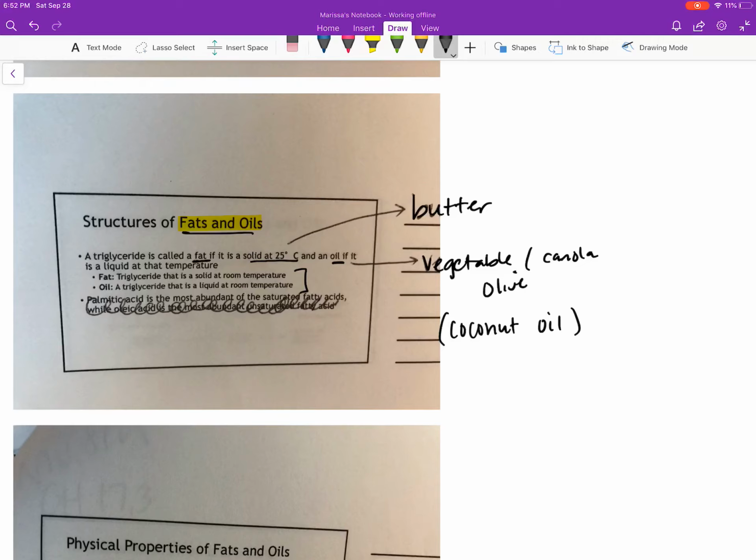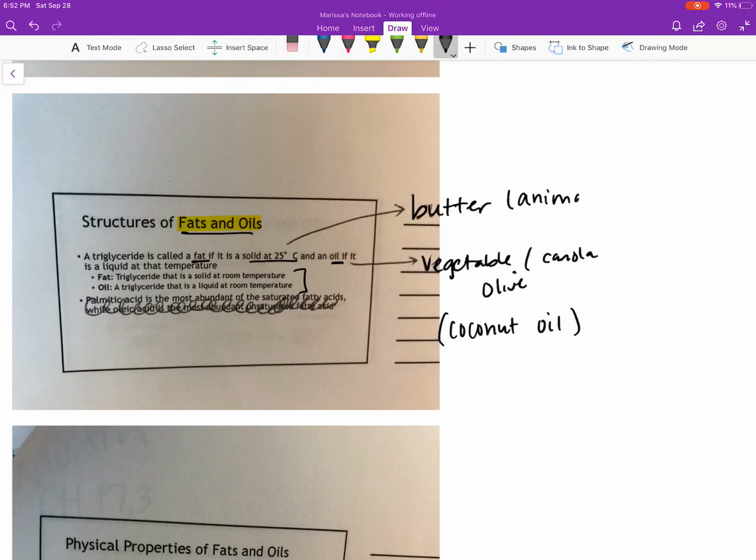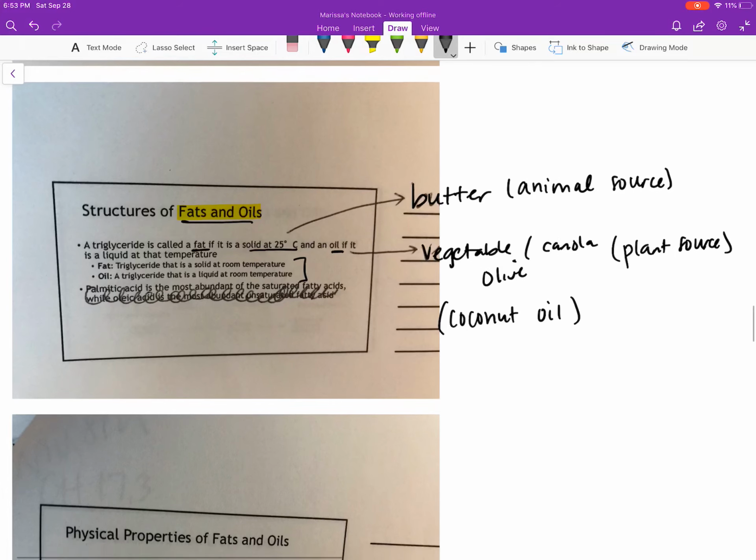But coconut oil seems to be right there on that line of sometimes it's a liquid, sometimes it's a solid. In general, we tend to think of fats as animal sourced, and we tend to think of oils as plant sourced, meaning we get them from plant sources or we get them from animal sources. So that's another general rule of thumb as well.